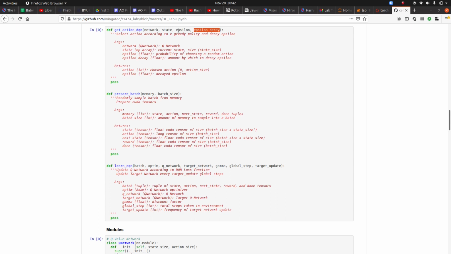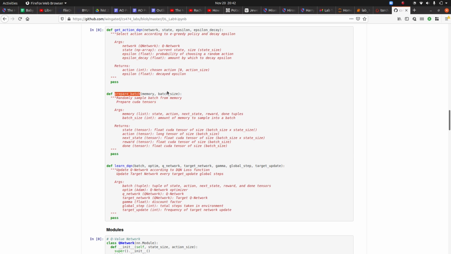On the other hand, when you're choosing a random action, you're exploring, right? Over time, because of the epsilon decay, we'll shift from being mainly exploratory to being mainly exploitative. So that's get action DQN.